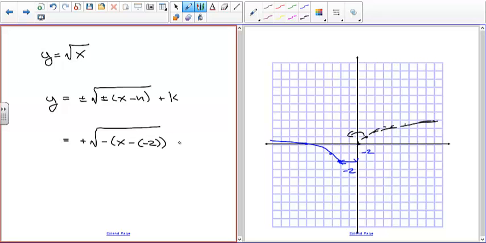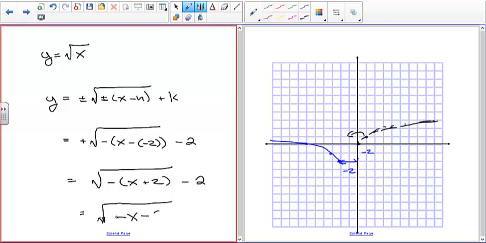And then the k shift, the y shift, is going to be -2. So you end up with negative the quantity, square root of negative the quantity x plus 2, minus 2 on the outside. And if you wanted to distribute that, you have negative x minus 2, minus 2.